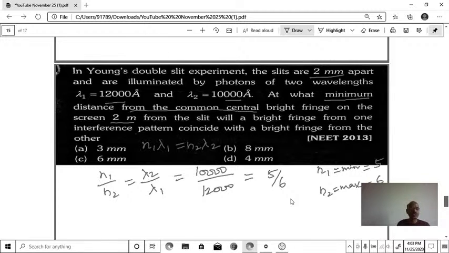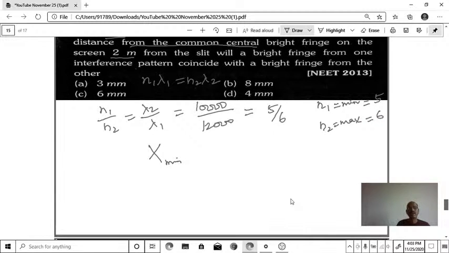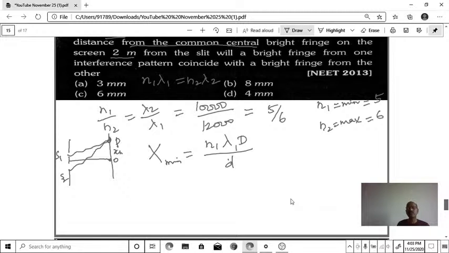Here S1, S2, this is the distance D, and this is xn from the center O. Both waves will reach here. Now x minimum, we know the formula, is n lambda D by small d, so here n1 lambda 1 D by small d. All values are given.